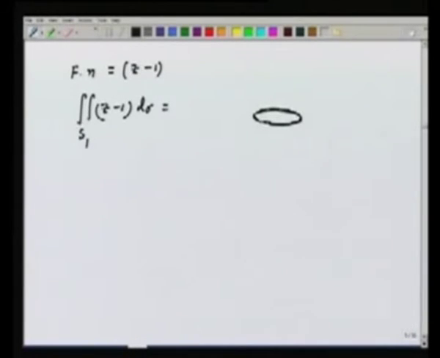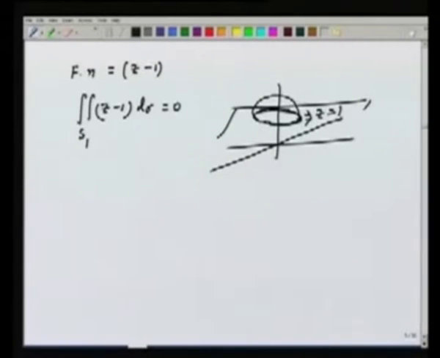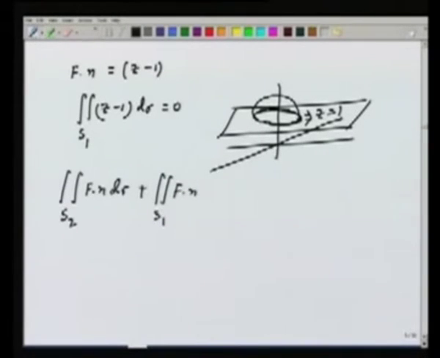So this integral is 0, because on S1 z is always 1. Remember the picture? My surface is this. This is z equals to 1, the plane. Okay. So the integrand is 0. So the total integral over the boundary, that is the integral over S2 of f dot n d sigma plus the double integral over S1 of f dot n d sigma, is 54 pi.